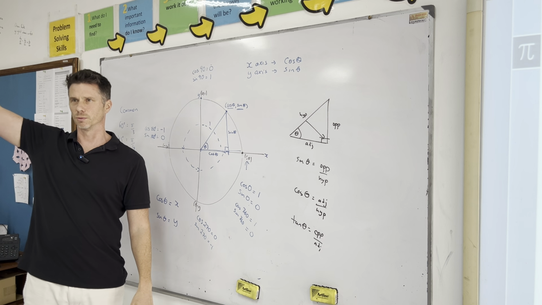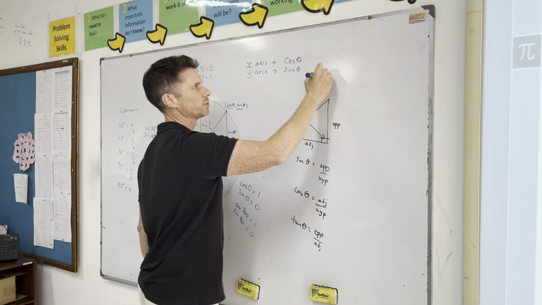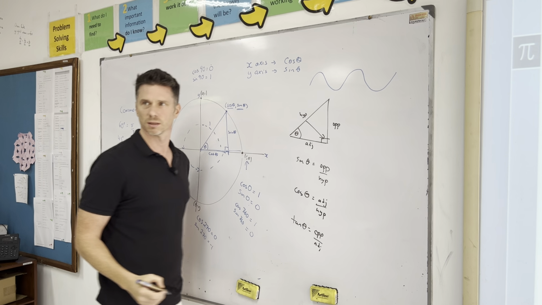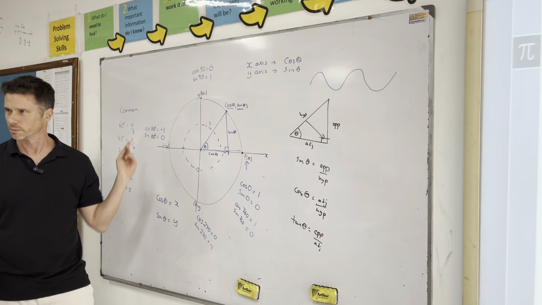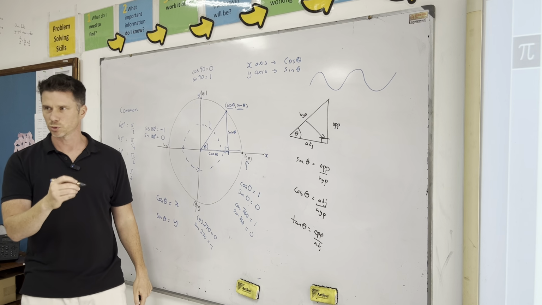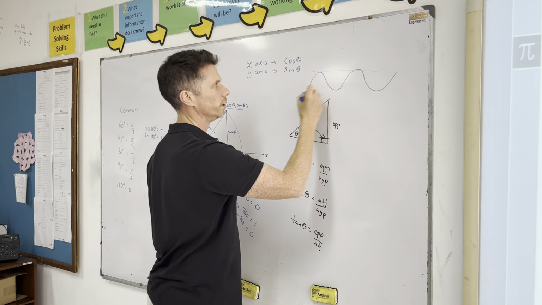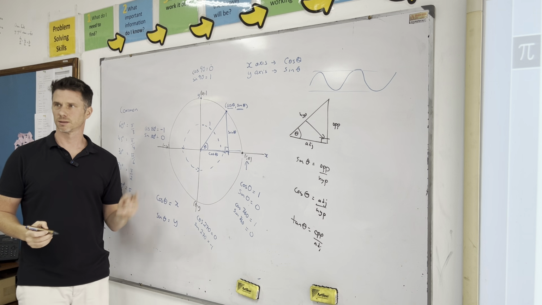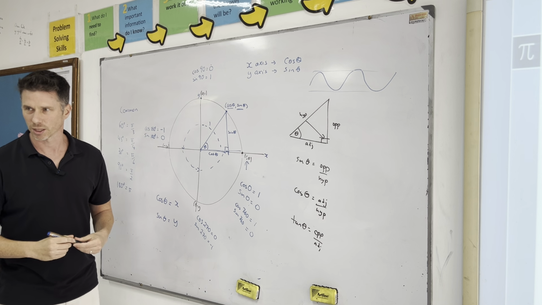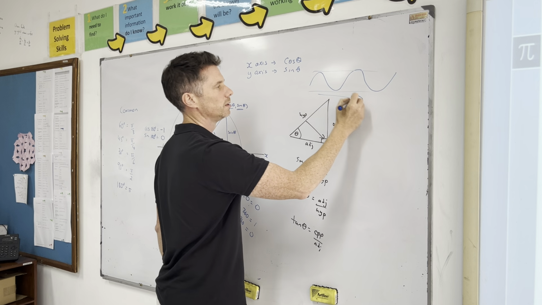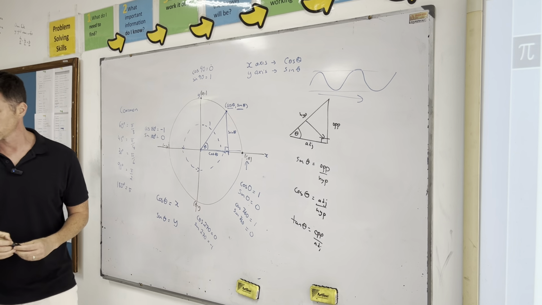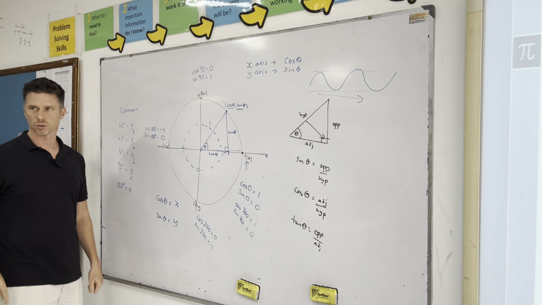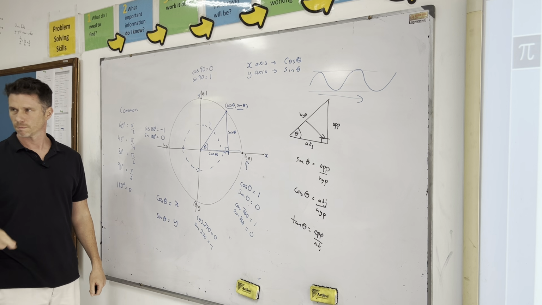It doesn't shoot off anywhere, it just keeps coming back to the same numbers, yeah? It oscillates between 1 and minus 1. For this reason, the angles get bigger, the angle's getting bigger, but the value it creates, the ratios, just go between 1 and minus 1.